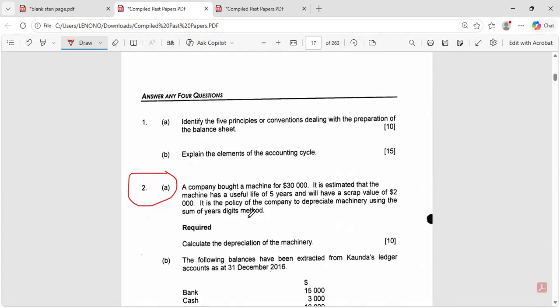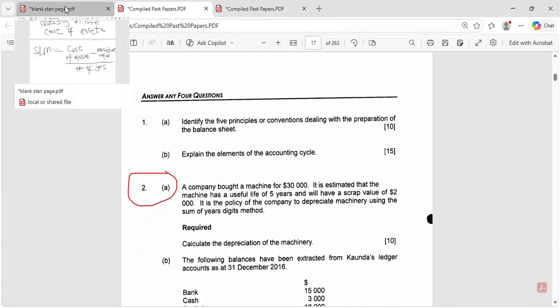No problem. We will use both methods, but I'll start with the straight line. So if you are to use the straight line method, what would be the answer? What is the cost of the machine? I gave you the formula. The cost of machine, which is the cost of assets, is 30,000.